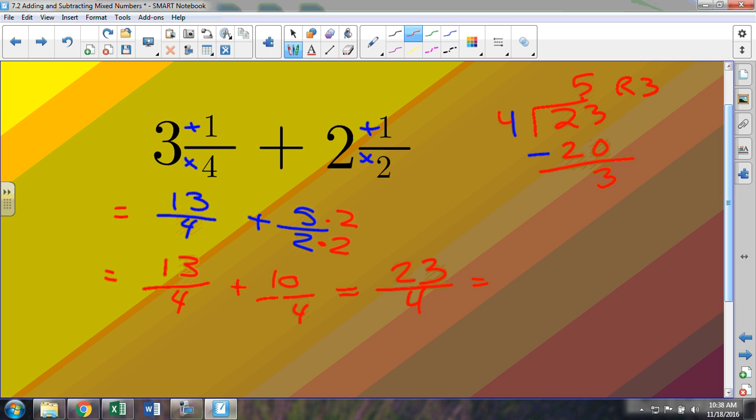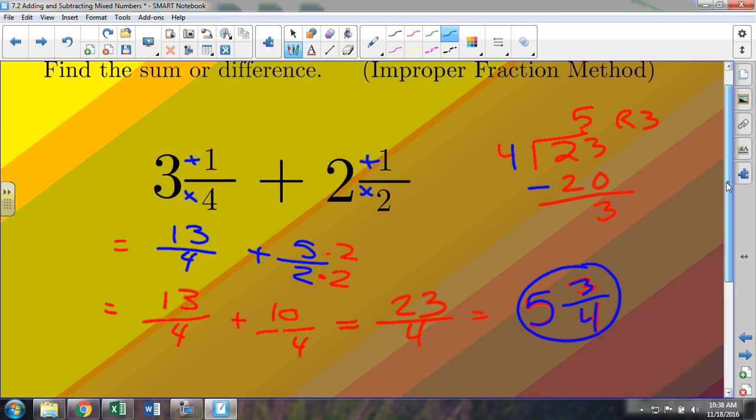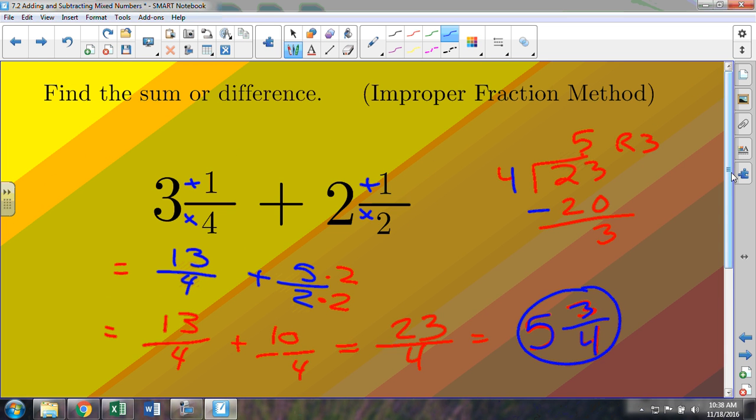So we wind up with 5, remainder 3, and 4. We have our answer, 5 3/4. And we can see how much writing it took. Completely valid method, and I want to stress if this is one that you like, go ahead and do it.